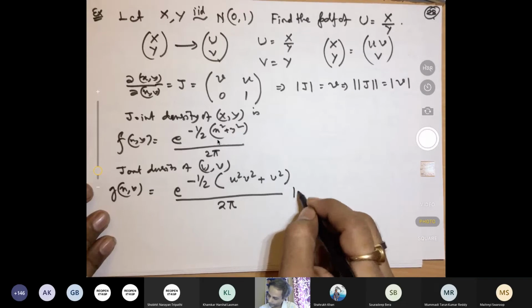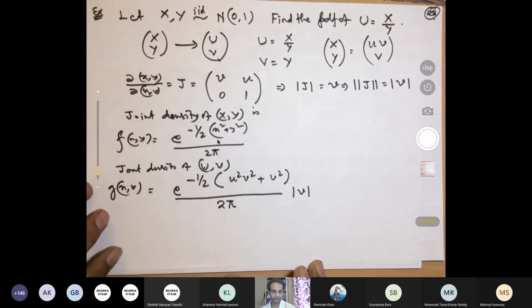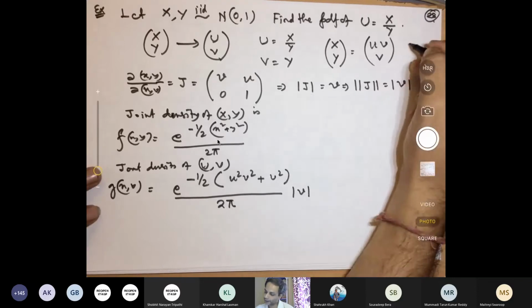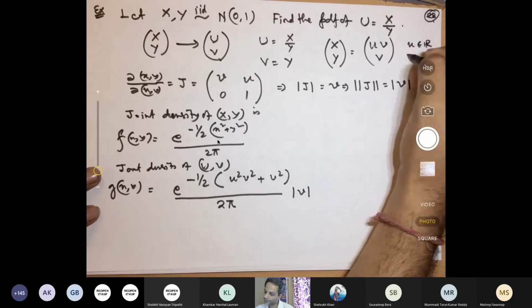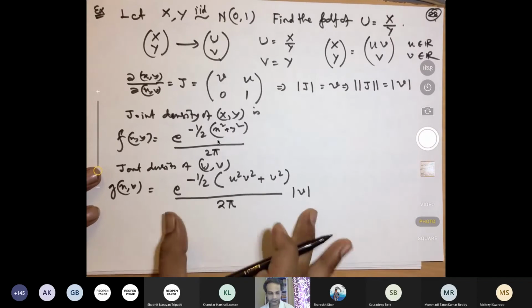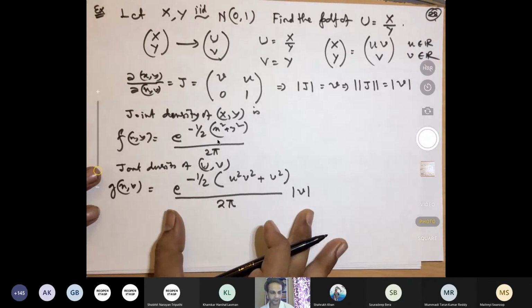Don't forget to write the mod. From here you can notice that u belongs to R, v also belongs to R. So this is the joint density of u and v.